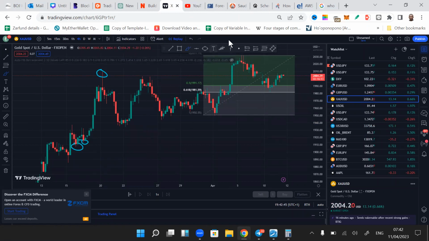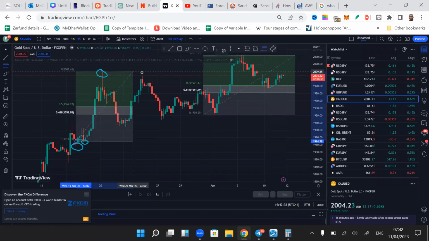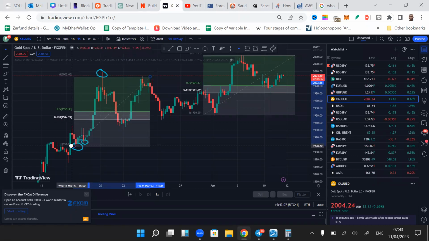Okay, so let's look at this and see where we are drawing it from. Let's see where this is happening. Obviously this is not the structure right there, because this is another challenge you might encounter.